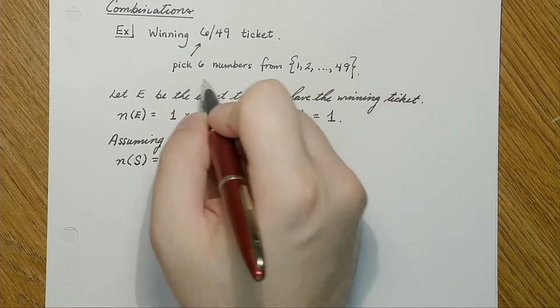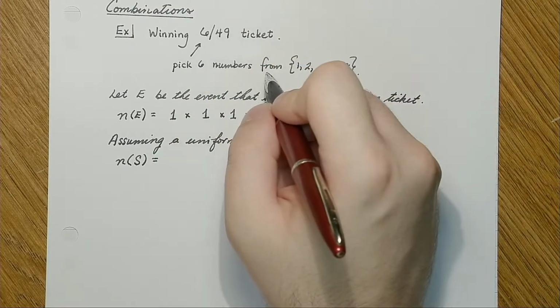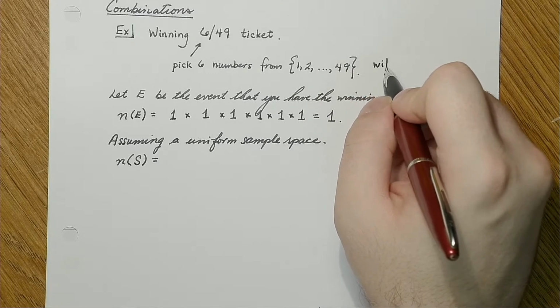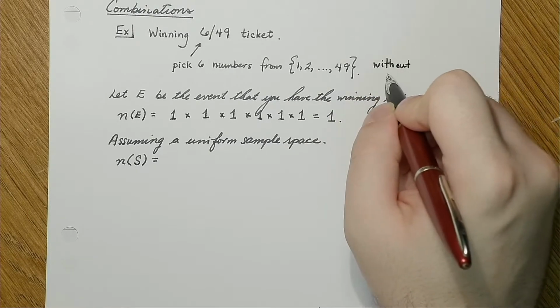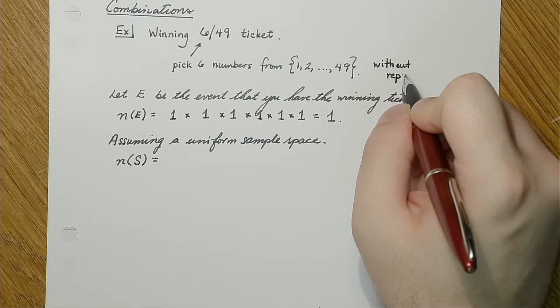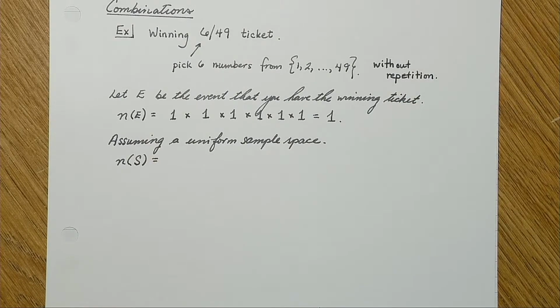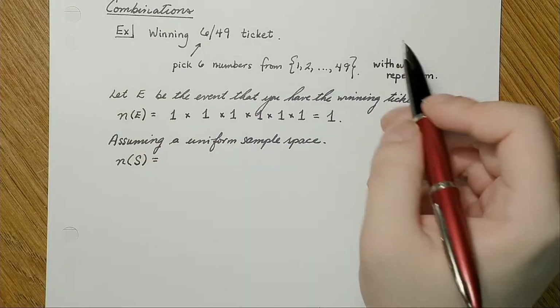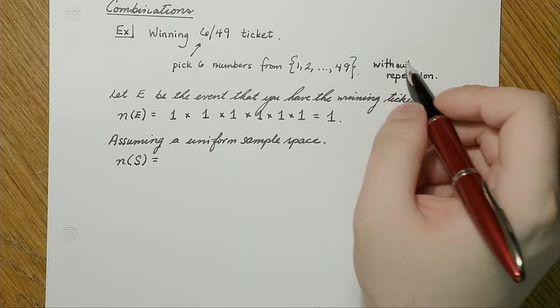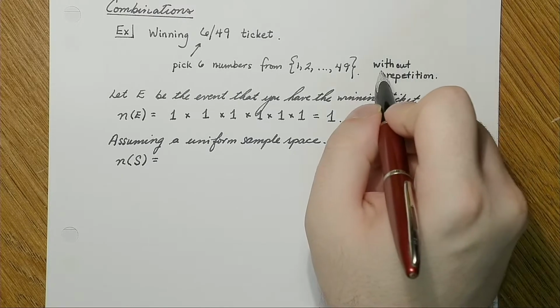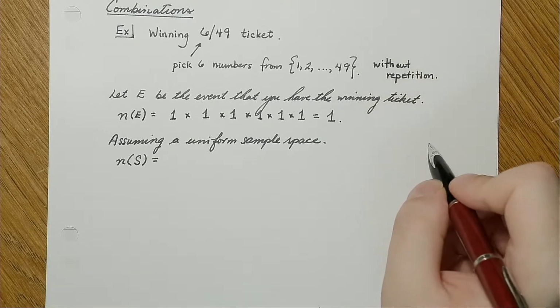So you pick the 6 numbers from 1, 2, 3, 4, 5, 6, 7, and so on, without repetition. Okay, so we said that it's without repetition.